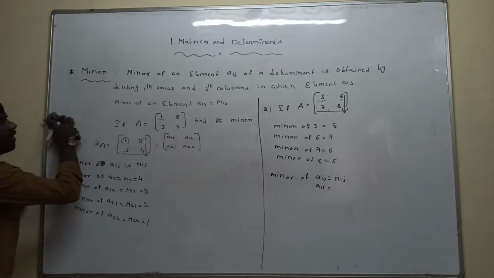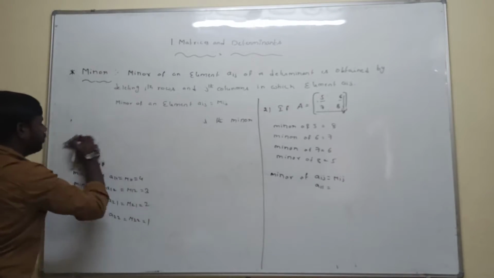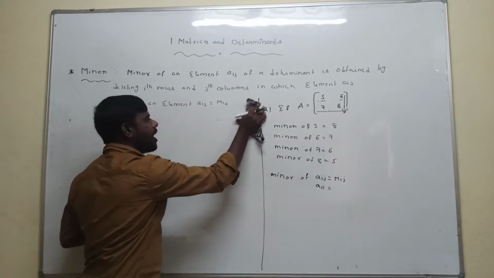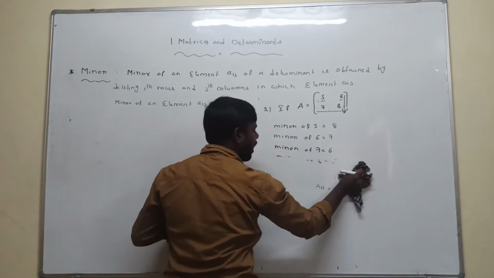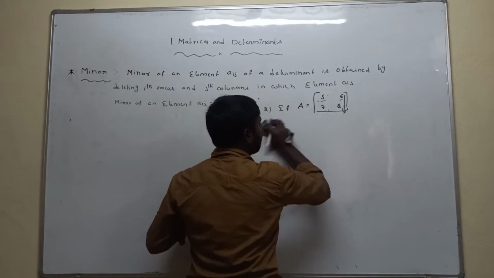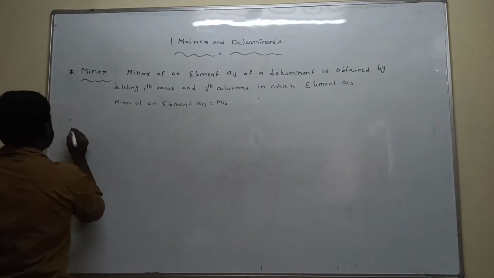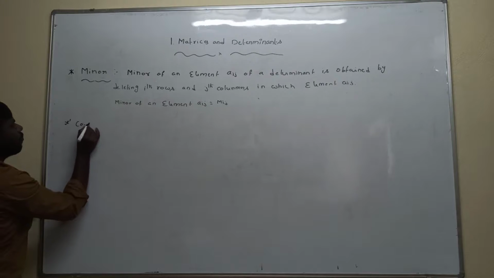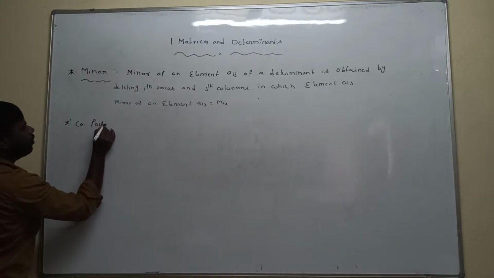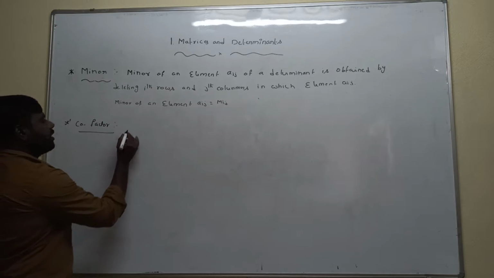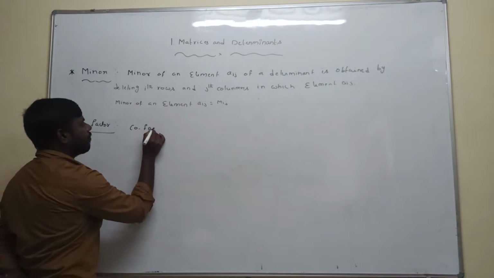See, the second one is cofactor. Cofactor is very easy. Cofactor of an element aij is denoted by capital Aij.